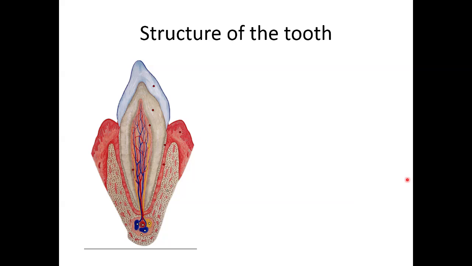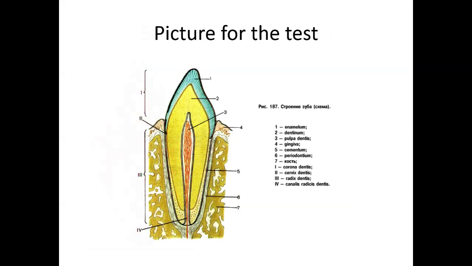So if it is clear, again we use the picture from the textbook of Sapin to prepare ourselves for the control test. This picture we shall use in the control test.